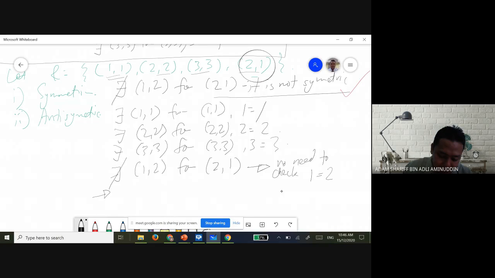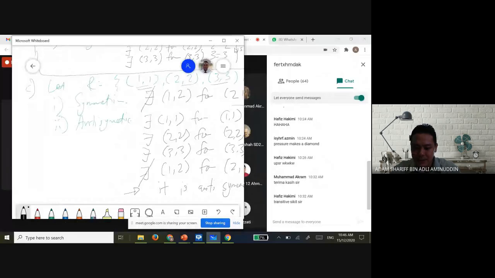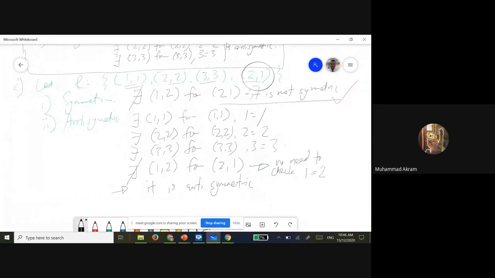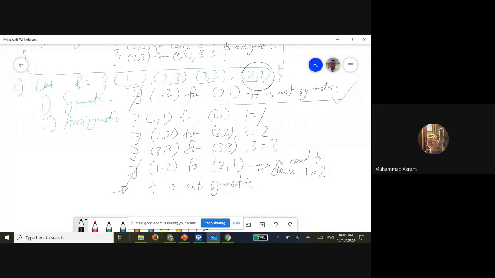So the second one, it is antisymmetric, because BA exists for AB only when A equals B. If it is not equal, you don't need to check anymore. Okay, sekejap saya tengok ada chat. Ya, cakap. Kiranya dekat situ kita skip lah sebab dia tak ada relation tu. Betul. Okay, thank you sir.